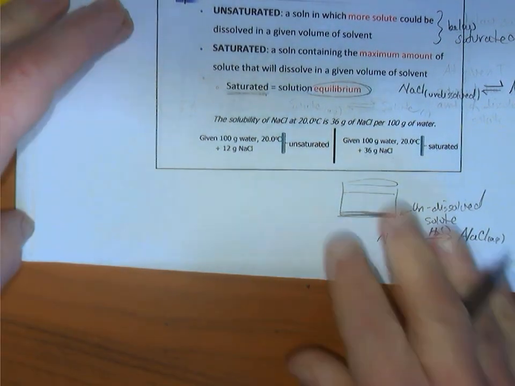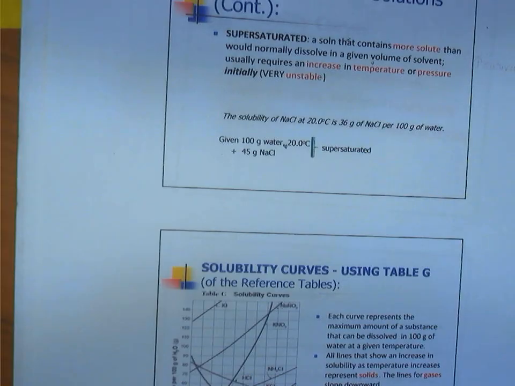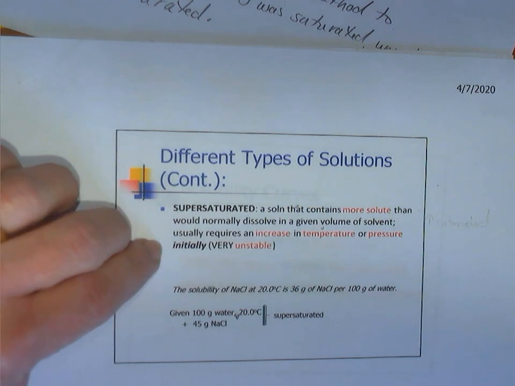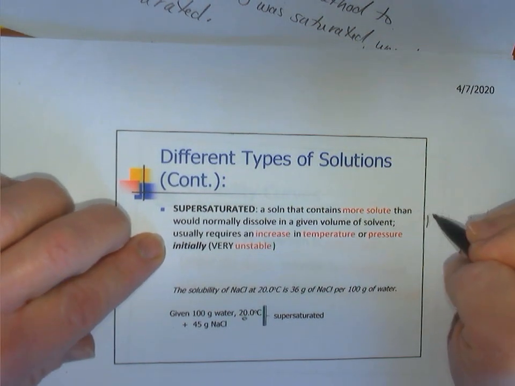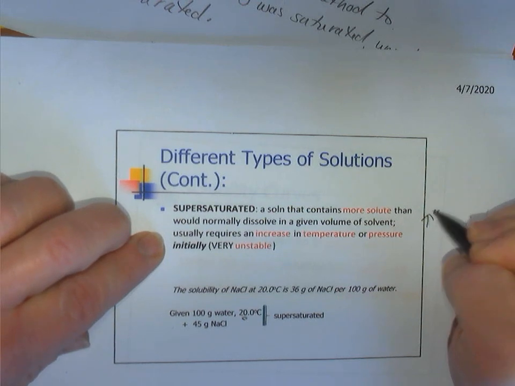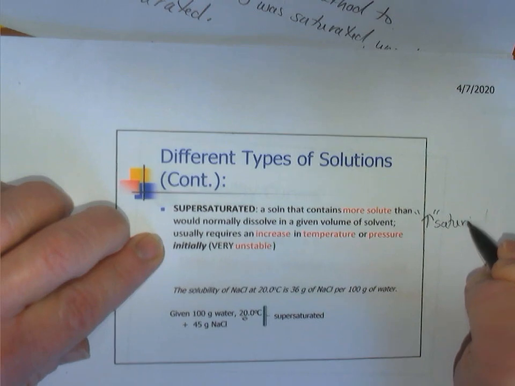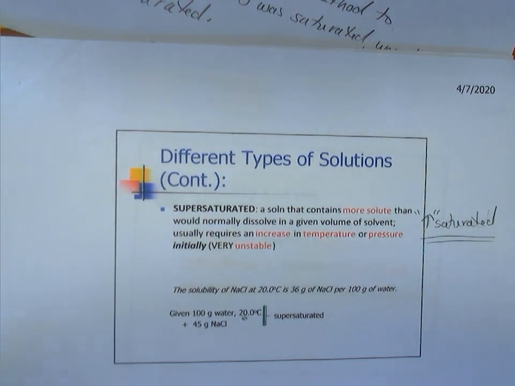Now, there's a very, very special situation where we can trick nature and actually create what's called supersaturated. So a supersaturated solution is holding more dissolved solute than it should at that temperature. So it is above a saturated solution.